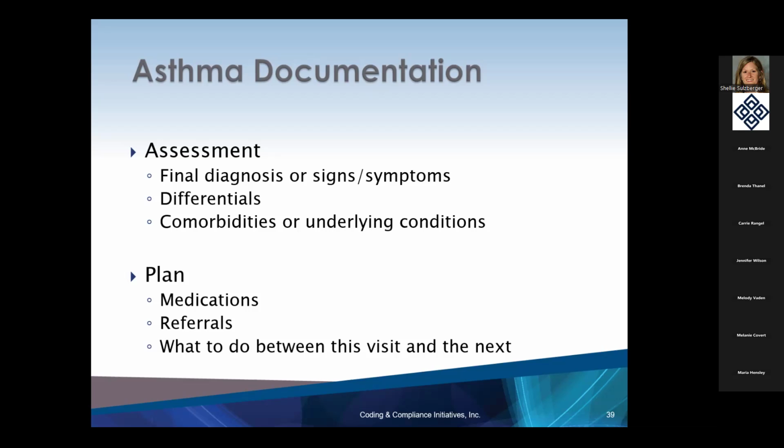If I have my diagnosis of asthma, I want my provider to document to the highest level of specificity. Mild, moderate, severe. Is it intermittent? Is it persistent? Do they have a history of a condition that impacts their asthma? That means I had a condition, it's cleared up, but it still is always in the back of your head.